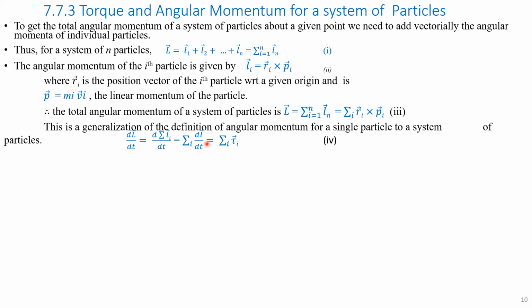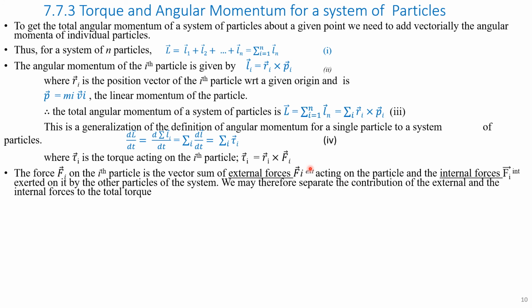So that can be written as the summation over i of tau i, because dLi by dt is tau i. Let it be equation 4, where vector tau i is the torque acting on the ith particle. Therefore, vector tau i is equal to vector Ri cross vector Fi.